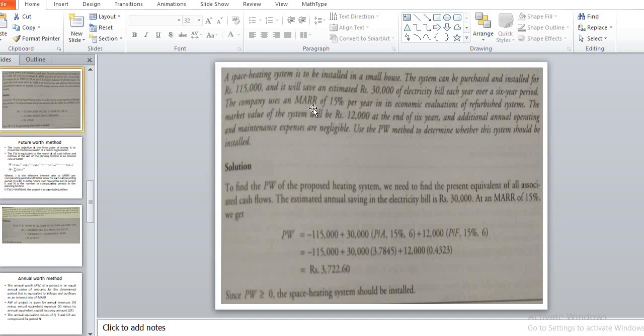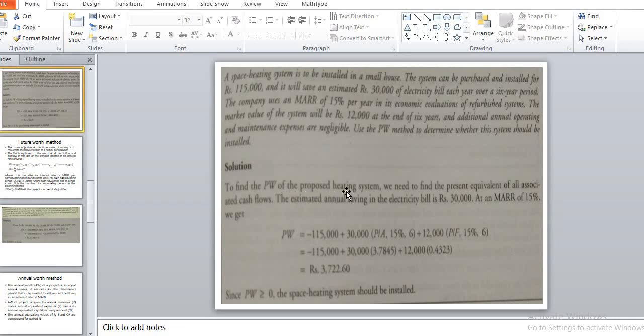The company uses a minimum attractive rate of return of 15% per year in its economic evaluation of the refurbished system. The market value of the system will be 12,000 at the end of the 6th year. So salvage value is given, and the additional annual operating and maintenance expenses are negligible. Use the present worth method to determine whether the system should be installed.